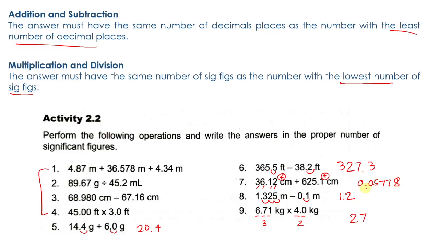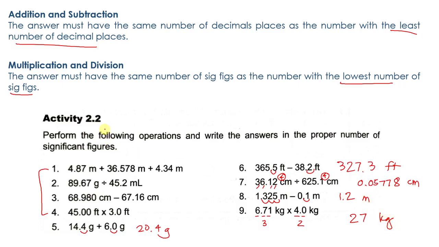These zeros are not significant because they are leading zeros. And of course, don't forget to write the unit. So 20.4 grams, feet, this one is in centimeters, this one is in meters, and this one is in kilograms.